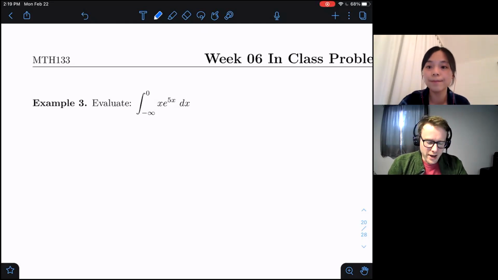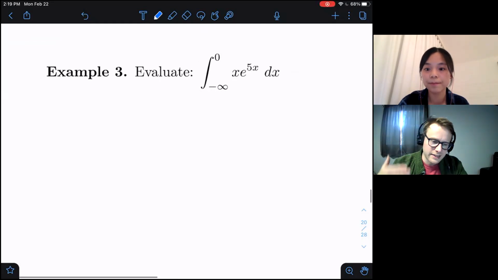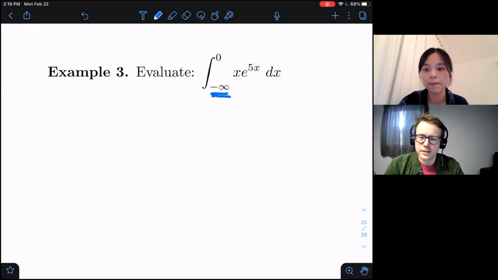All right, why don't we go ahead and do this one here. Again, we see that it is an improper integral because it has this negative infinity for sure. The question is, does this converge? If it converges, what does it converge to? It just says evaluate, or maybe it goes to infinity, in which case it diverges.